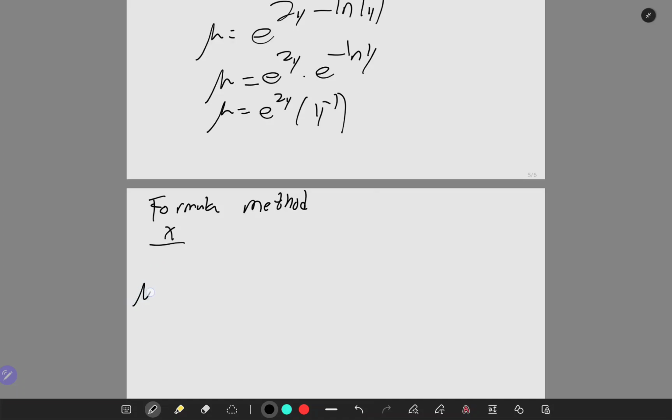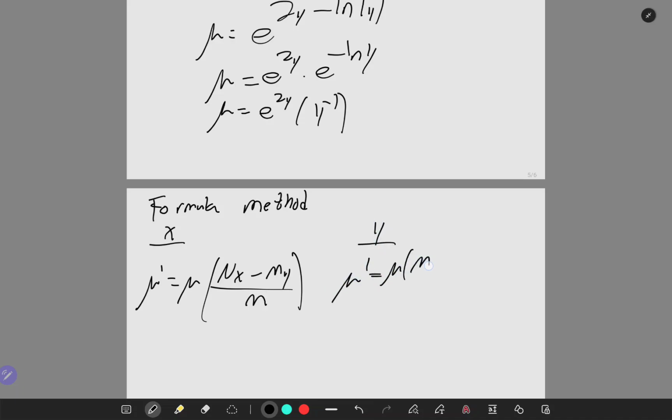So mu prime is equal to mu times, you write the nx term first with respect to x. And then for y, with respect to y, we start with y, so my minus nx over, and then you do it over. Since n was last up here, we divide by that. M was last over here, we divide by that.